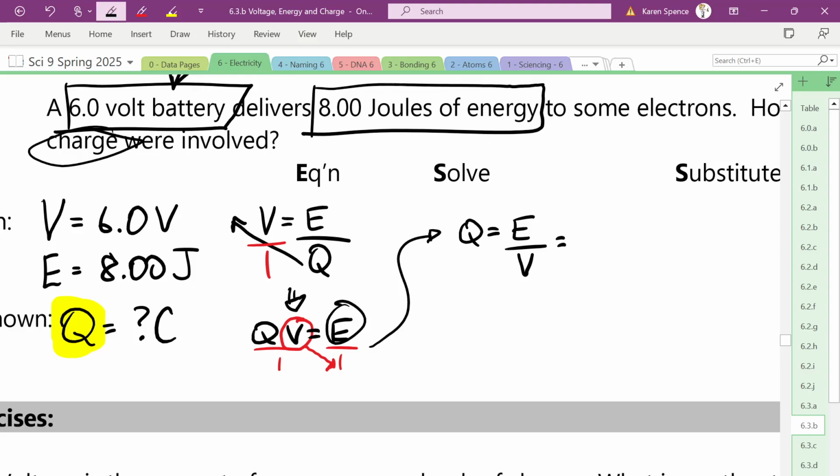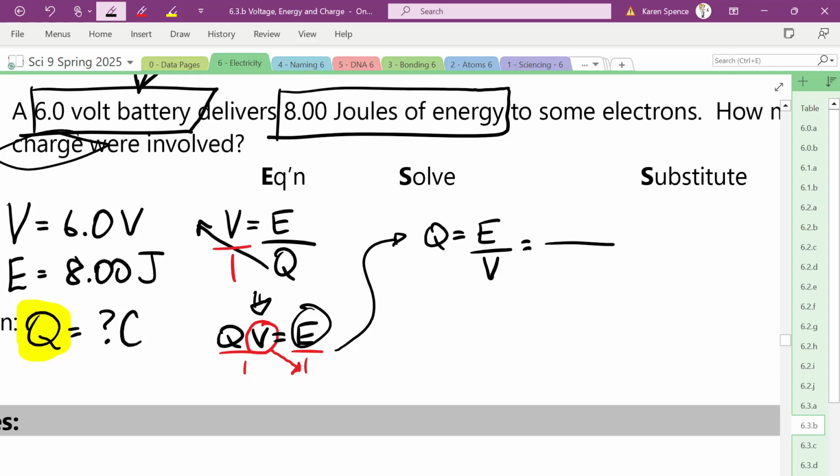We have solved. After solve comes substitute. And when you substitute, don't forget the units. And if you are doing sig figs, don't forget your point zeros. So for energy, it would be 8.00 joules. That tells us that we have 3 sig figs. And for voltage, we have 6.0 volts.